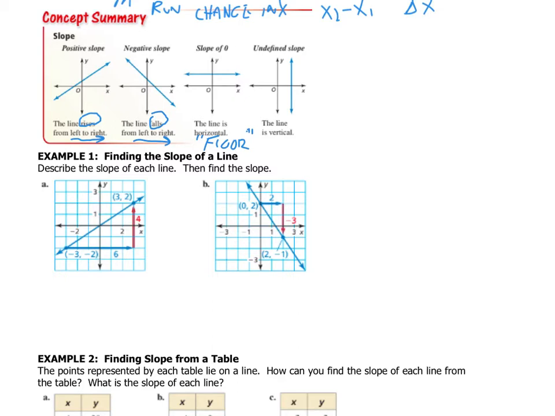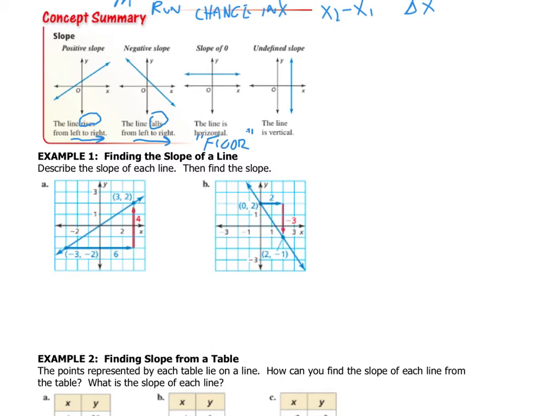The floor, if it's built correctly, should be perfectly flat. Then, when you think about it, I can walk across the floor. There's no steepness to it. It's not going upwards. It's not going downwards. It's perfectly flat. That tells me every horizontal line has a slope of 0.